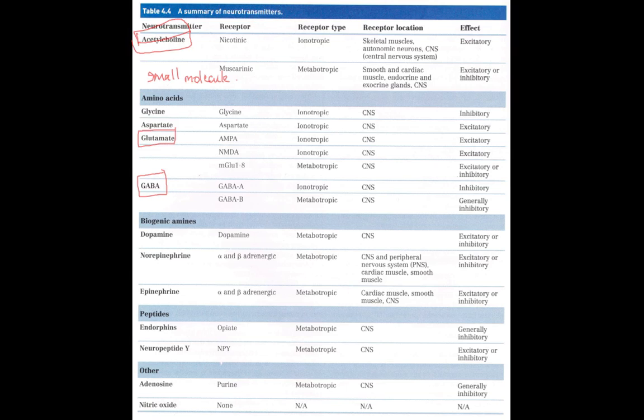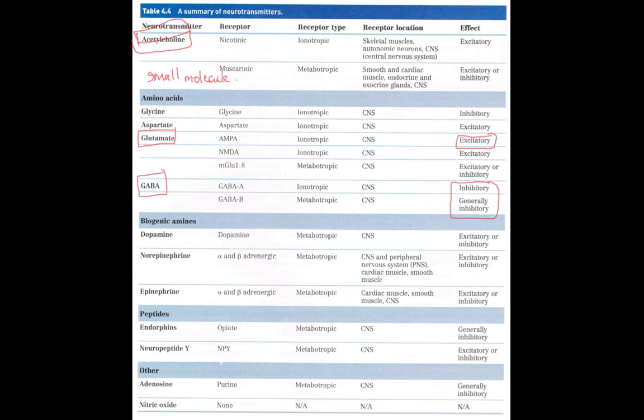You will see that GABA tends to be inhibitory, so GABA is what we call an inhibitory neurotransmitter, while glutamate tends to be described as an excitatory neurotransmitter. And believe it or not, these two amino acids are the main neurotransmitters for all the neurotransmission occurring in the brain. They are the workhorses, so to speak.